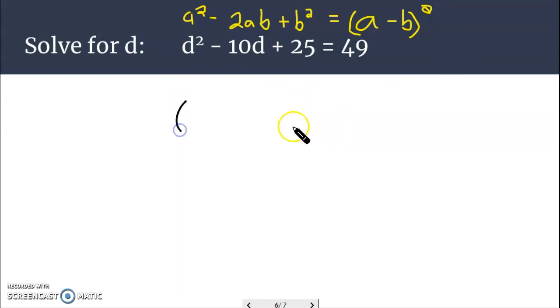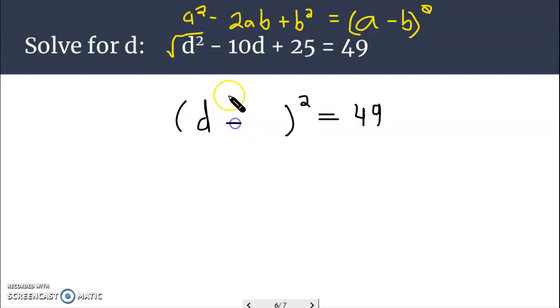In this problem, I can rewrite the left side of the equation as something minus something, quantity squared, still equal to 49. I determine those somethings. The square root of d squared is just d. The square root of 25 is just 5.